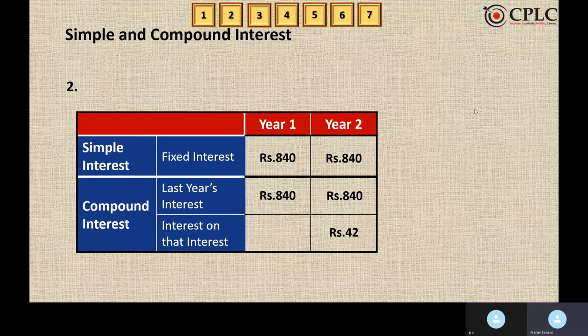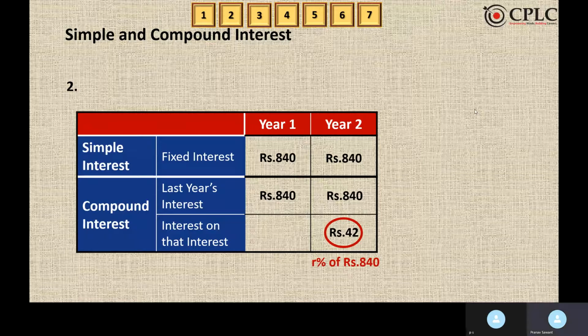Because anyways, for the first year, simple interest and compound interest are the same. Hence, the difference is going to be 0. So we can say that simple interest for the second year is 840. Compound interest for the second year is going to be 840 plus 42 rupees.